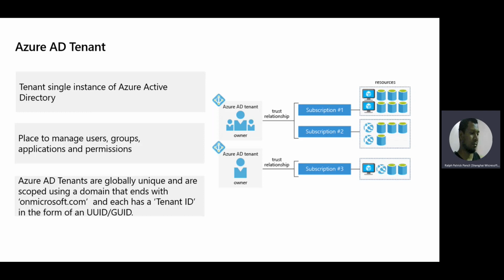If you look into Azure Active Directory and its relationship to a subscription, it's a container that houses a subscription. For example, a single tenant can be linked to one subscription, or a single tenant can have a trust between two separate subscriptions.